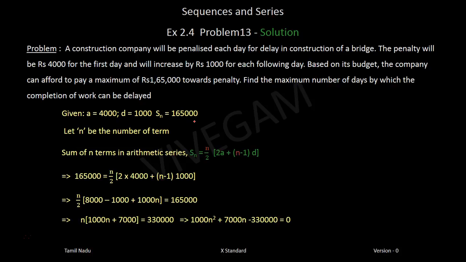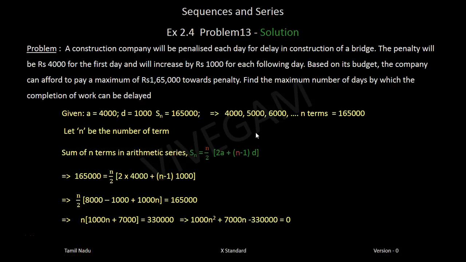And let's say the work got delayed by n days, so it goes on up to n terms, right? Probably I should write that series here itself. Okay, so then it will become much easier. So just give me a second, I'll write it and come back.